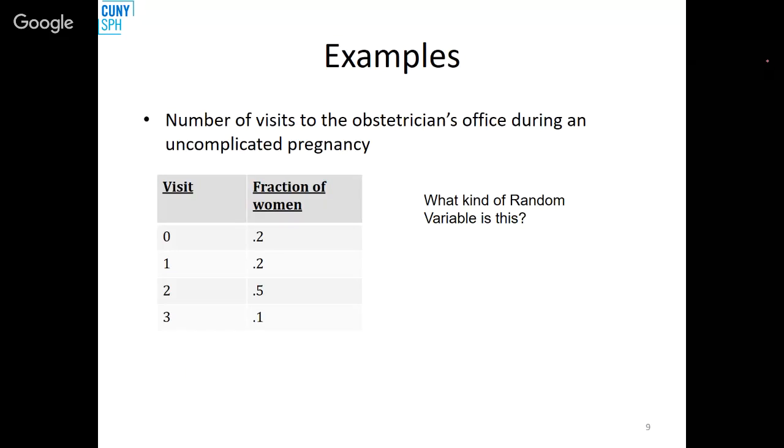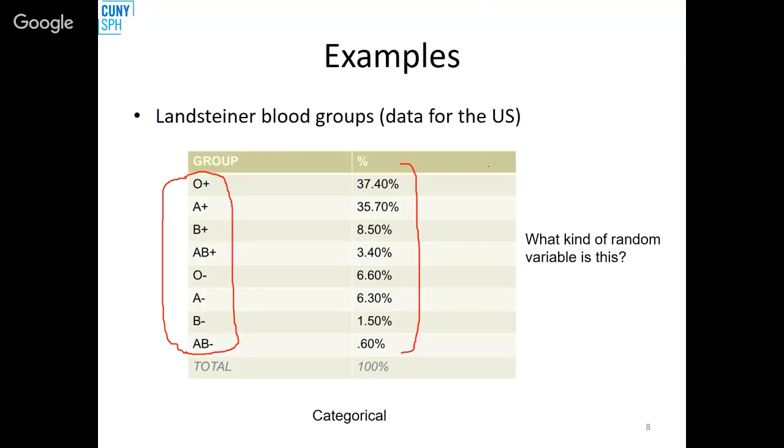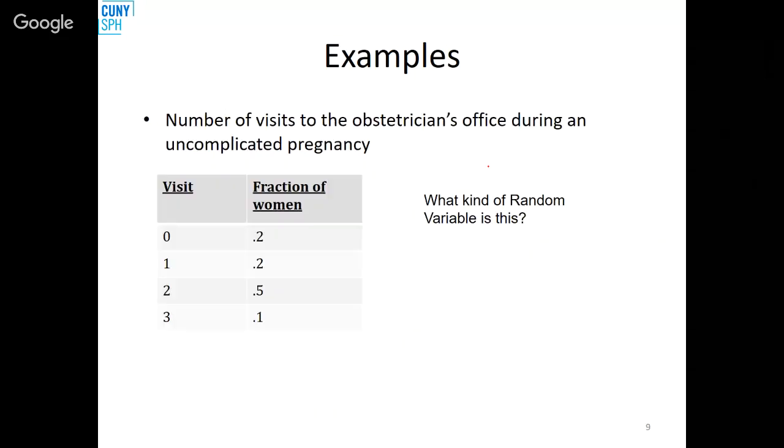All right, let's have another example. The number of visits to the obstetrician's office during an uncomplicated pregnancy. What type of variable was the last example? Categorical. So this is also something presumably calculated from a large number of observations.